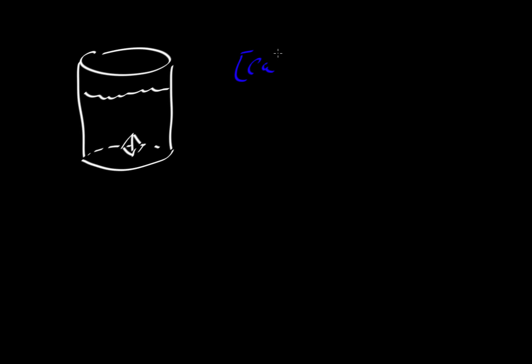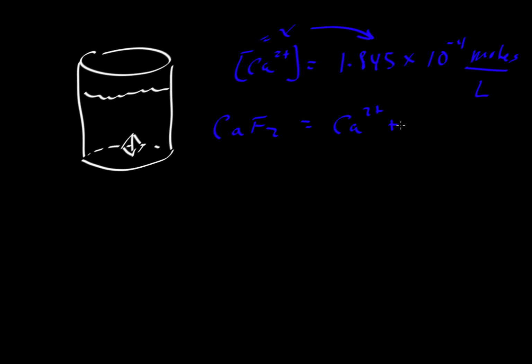Well, for calcium ion in aqueous solution, we've just calculated the concentration would be 1.845 times 10 to the minus 4 moles per liter. That was our value for X. Remember, we said this whole thing is X, and we just found out that X is equal to this. But for the dissolution of fluorite into calcium and fluoride ions, whatever the amount of calcium we get, we must get 2 times the amount of fluoride.